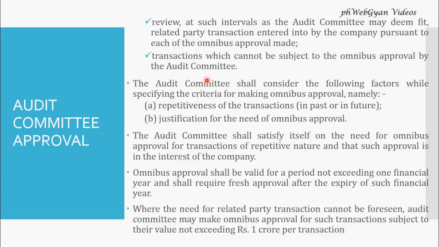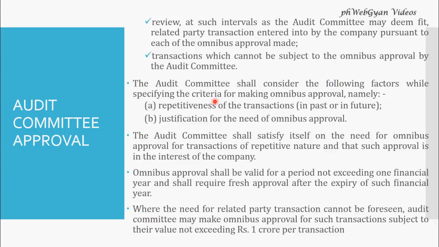Then, all the factors that it has to consider while specifying the criteria for making omnibus approval. First of all, repetitiveness of the transactions. And secondly, justification for the need of omnibus approval. If it is justified, then only the audit committee will give its omnibus approval.